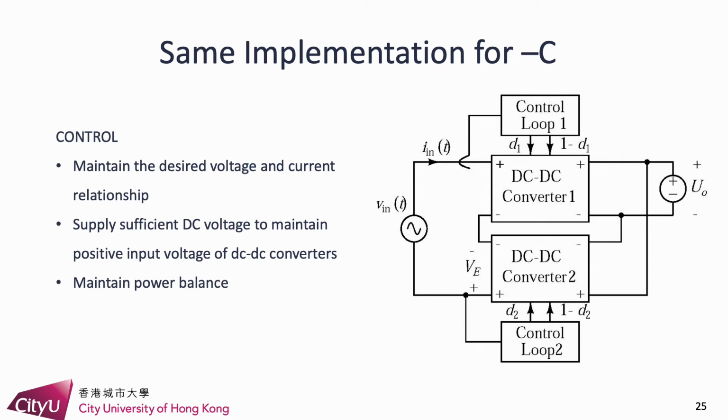And here for the negative capacitance, we're trying to maintain the desired voltage and current relationship. And we also ensure that there is sufficient DC voltage to be supplied for the maintenance of positive input voltage for the DC-DC converter, and at the same time we maintain power balance.